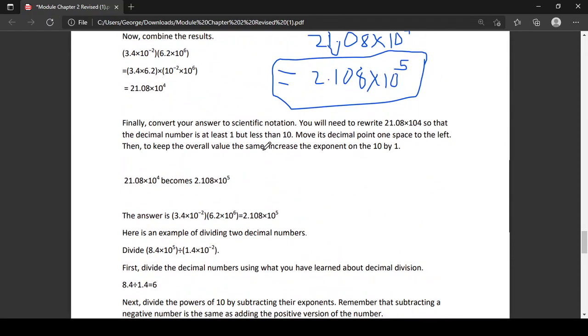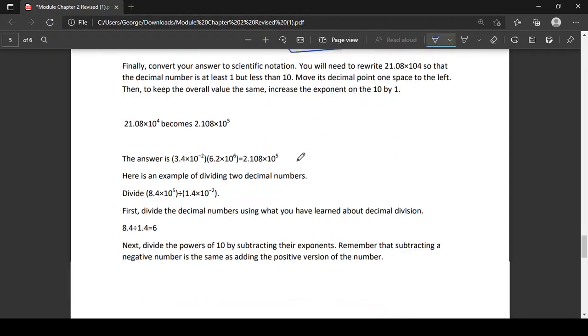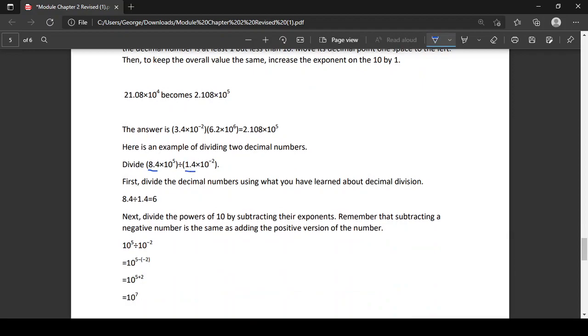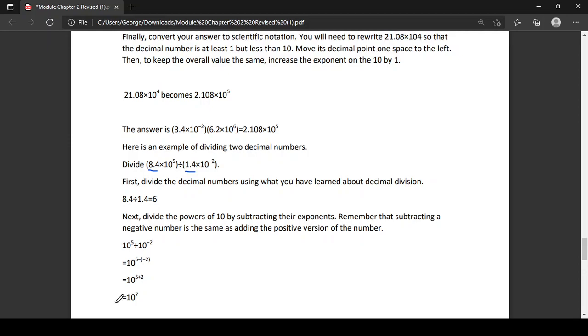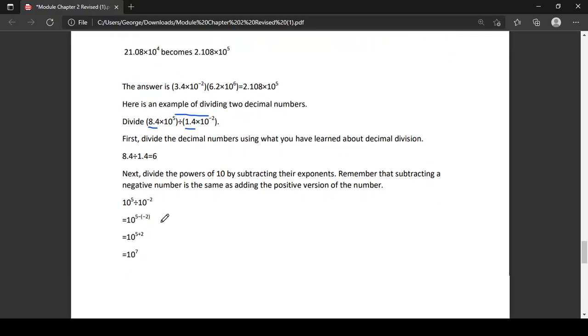So, when you divide, you divide the multiplying factors, not the exponents. The exponents, kids, in division, you subtract. Okay. First, 8.4 divided by 1.4, kids, is equal to how much? 6. 6.